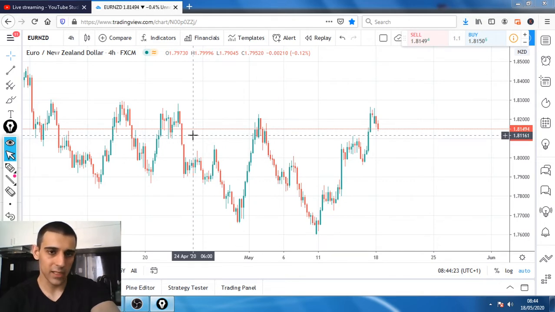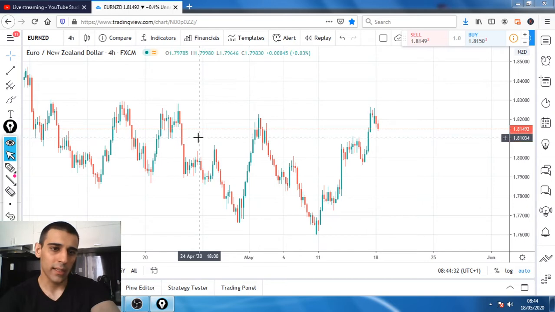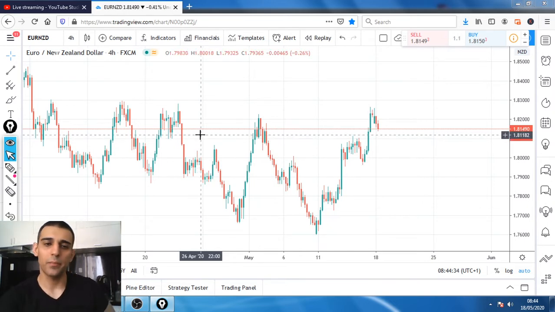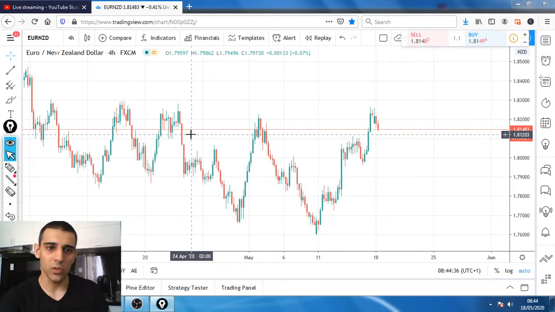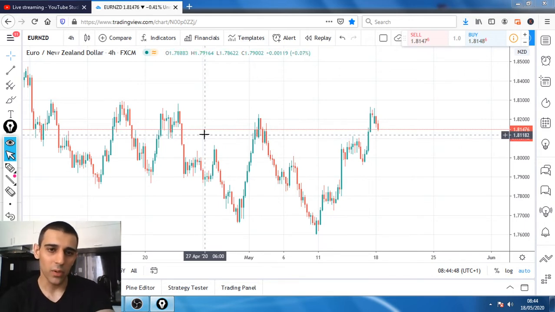This is an estimate, so I can't say the exact number because I want to see the price taking out this spike low first. So I can't say what would be the best level to take entry, but as an estimate, 81.15 would be fairly decent. This is most likely a semi-swing to swing trade, not really for day trades.